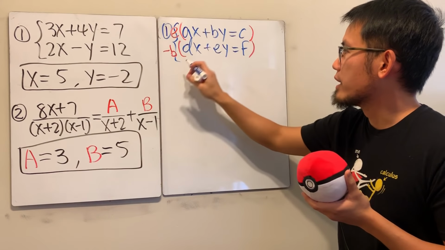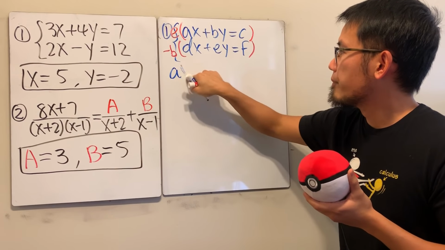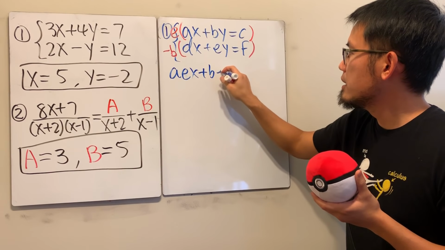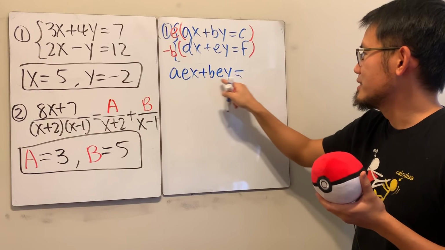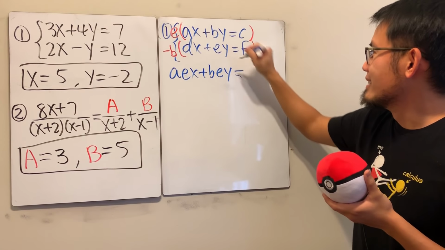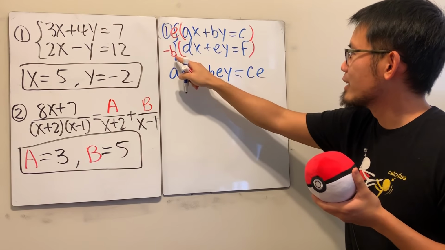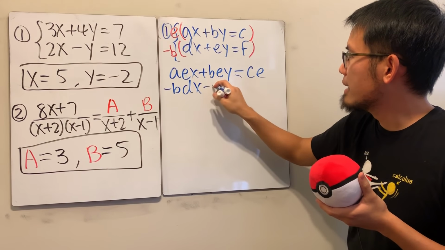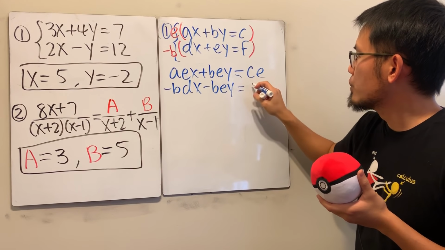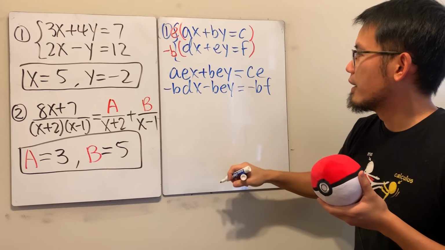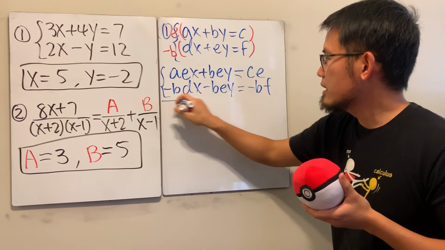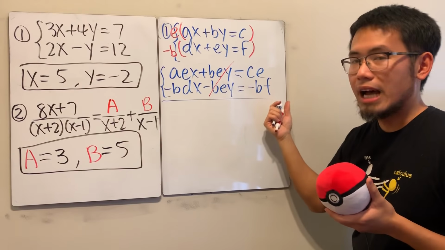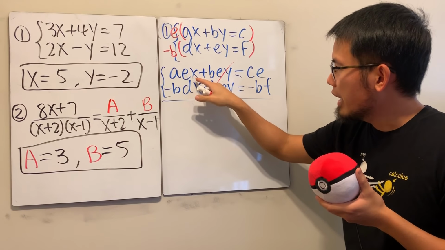And you'll see this right here is just going to give us aex, plus bey, and this almost looks like eBay, but no. Anyway, this is equal to ce, and then the other one we have negative bdx minus bey, and that's equal to negative bf. If we add them up, they cancel, and we just have x terms.